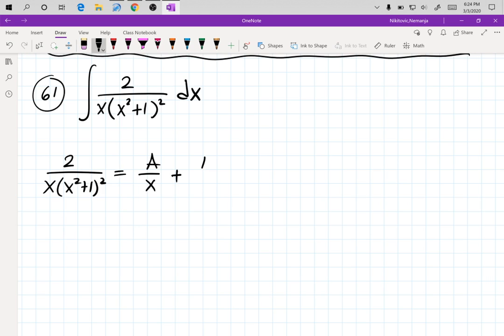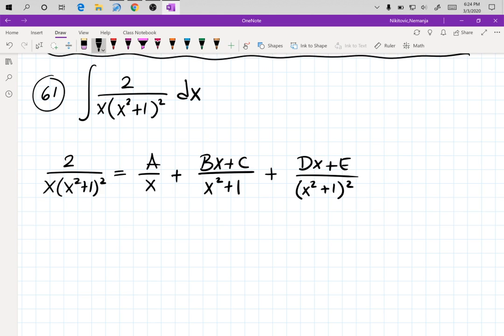So there's going to be Bx plus C over x squared plus 1, and then plus Dx plus E over x squared plus 1, everything squared. So that's your life. 5 variables. They are expecting you to compute this by hand because it is in the form of the integral. So let's see how nasty this actually gets.